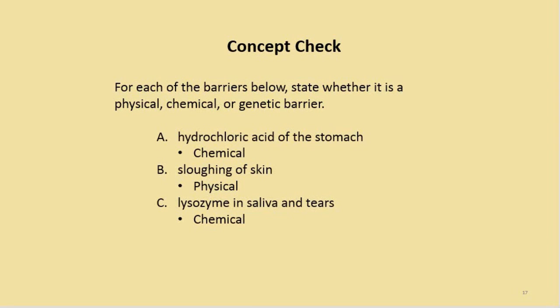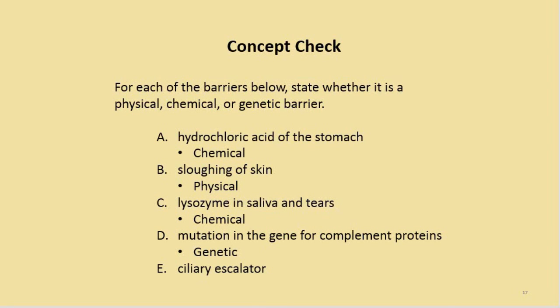Mutation in the genes for complement proteins would be a genetic, but of course the complement proteins are chemical. The ciliary escalator, in other words, the ciliated epithelium that pushes things up, at least up your esophagus and your bronchial tree. We also have cilia inside of the sinuses, which don't necessarily go up. But anyway, that would be, of course, a physical barrier.